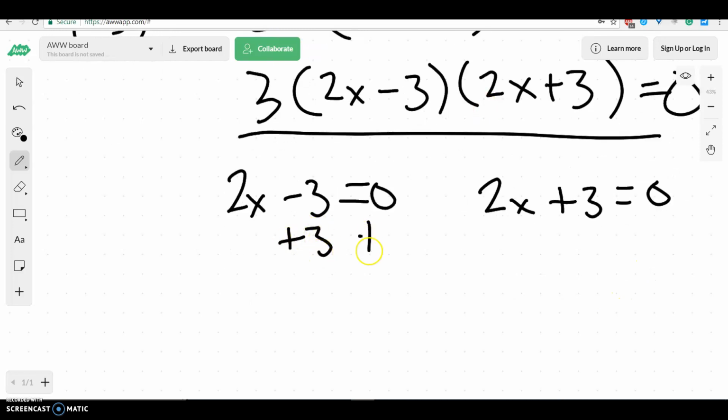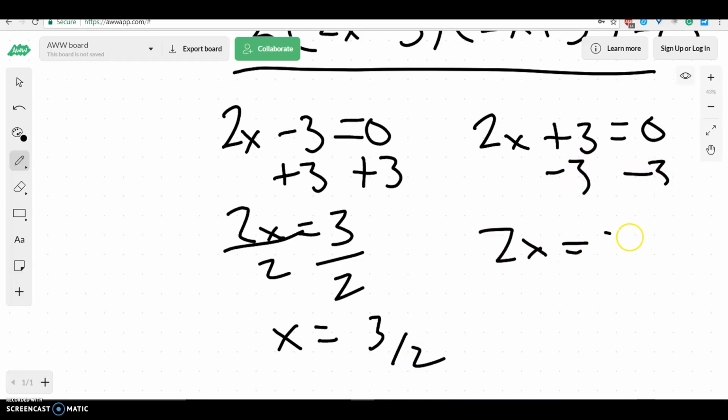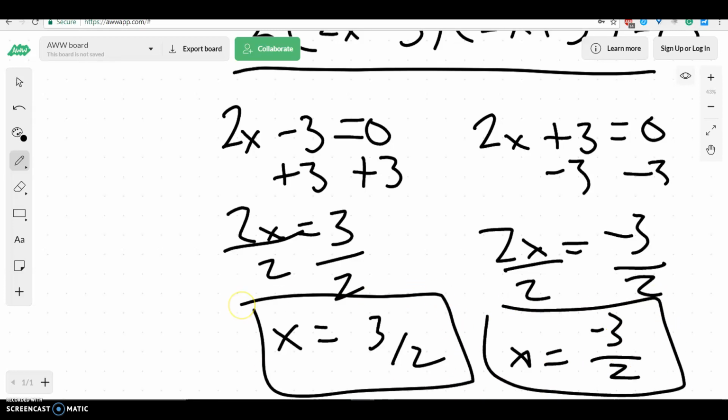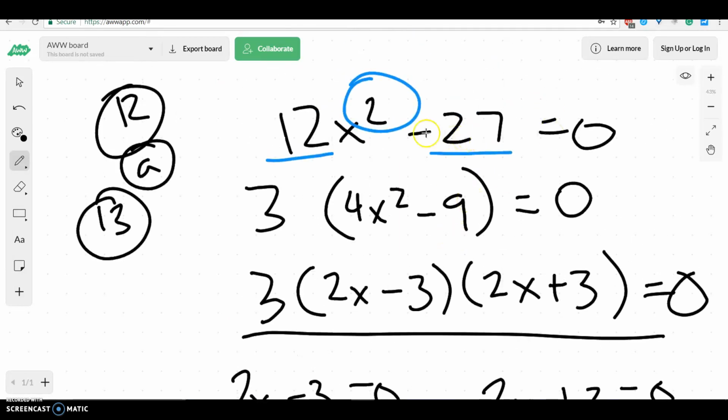Then I add 3 to both sides, get 2x equals 3, divide by 2, and get x equals 3 over 2. Same thing on the other side, and you get your final answer as x equals -3 over 2. Okay? So that would be for a problem like this.